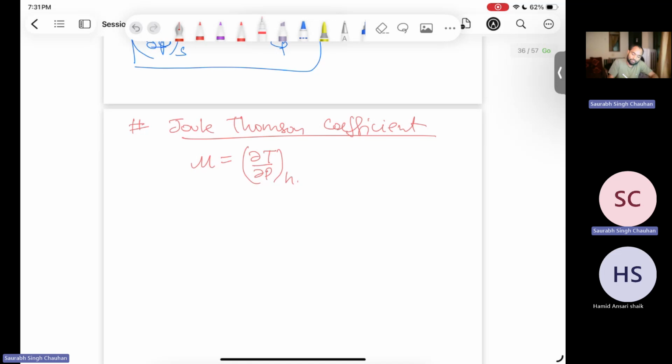We are asked to prove that mu is equal to 1 by Cp times (T beta minus 1).